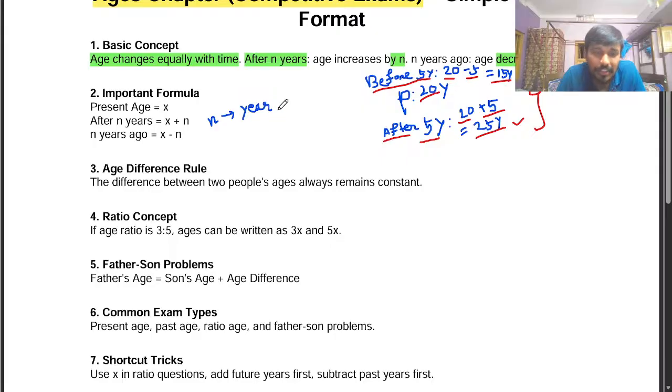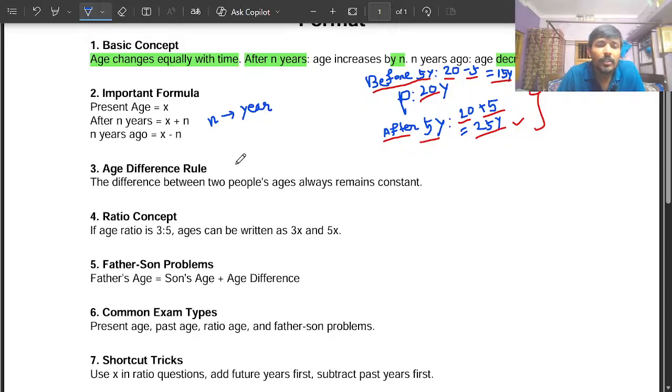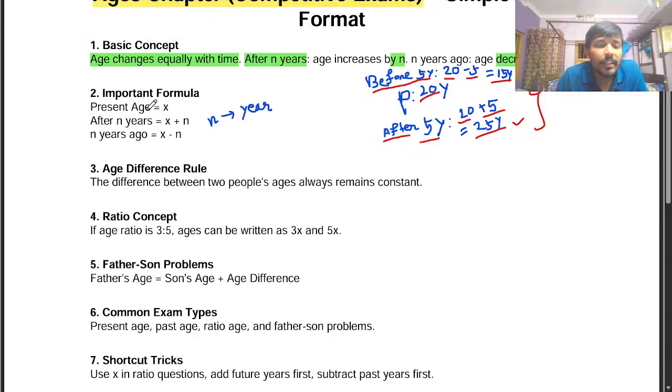I am writing it in short form. Number of years is represented by n.